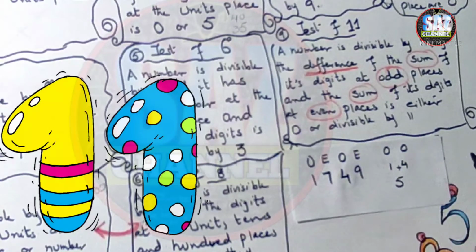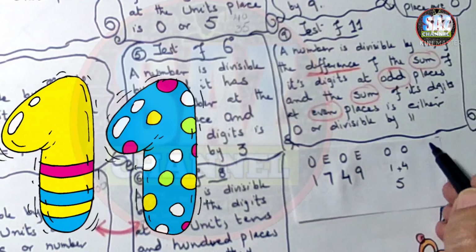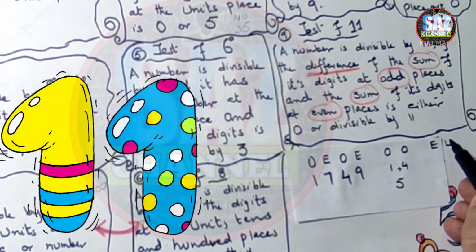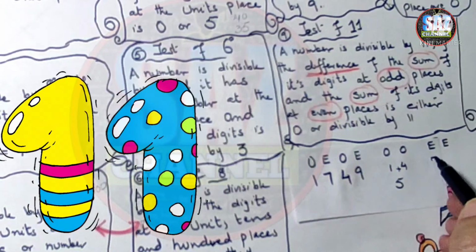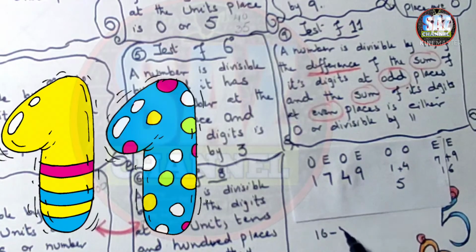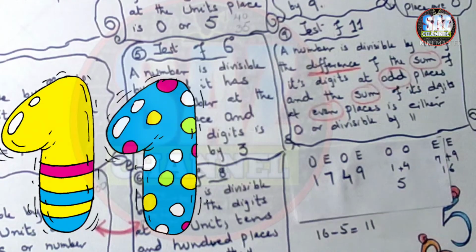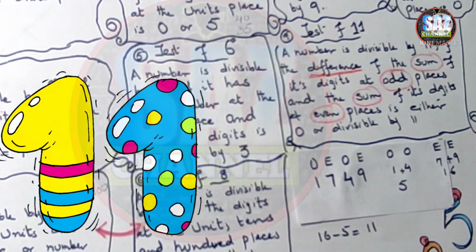The digits at even places are 7 and 9, and 7 plus 9 is 16. Now I have to take the difference, 16 minus 5, which is 11. As 11 is divisible by 11 easily and completely, the number 1749 will be completely divisible by 11.